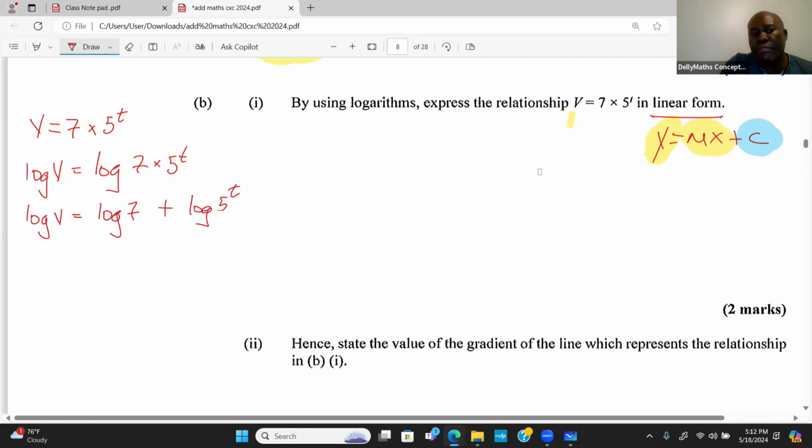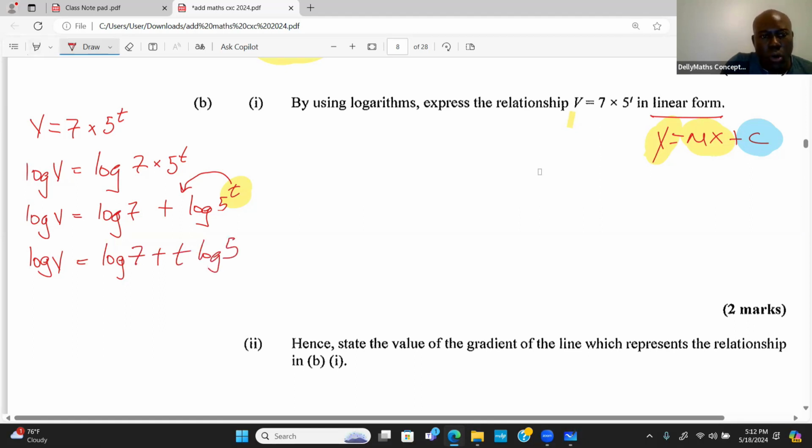Mark you that everything is in the same base, right? Again, we're going to employ that same rule where this power will become a coefficient in the next step. So we're looking at log v, which is equal to the log of 7 plus t log 5.